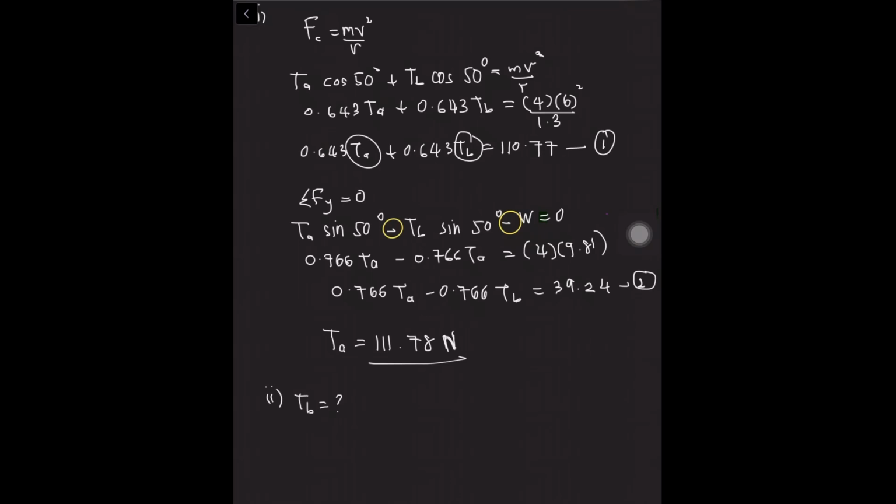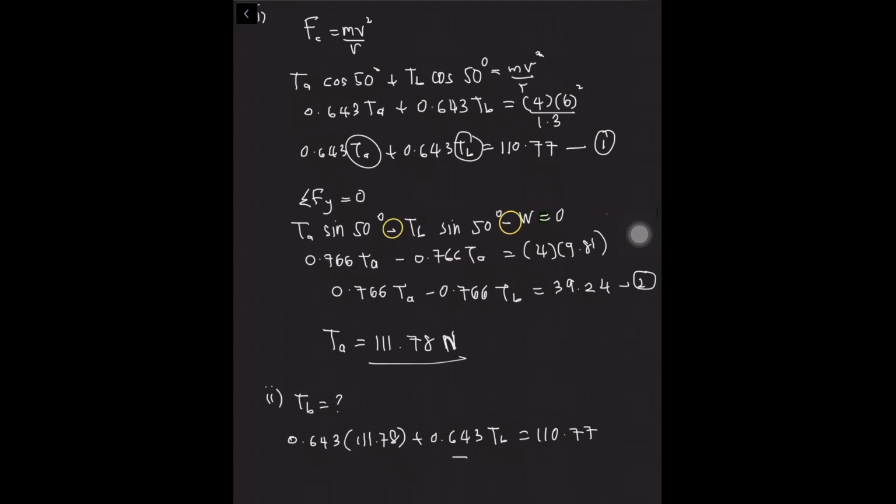We use 0.643 TA, where TA just now we got 111.78, plus 0.643 TB equal to 110.77.